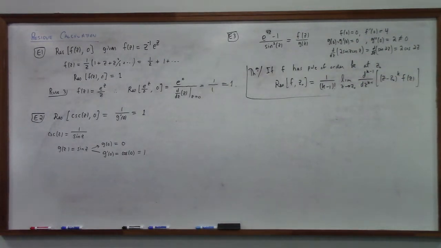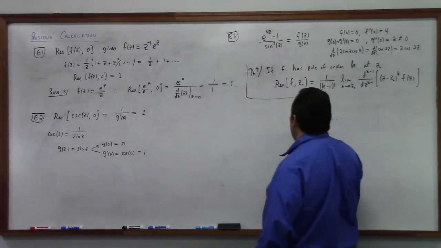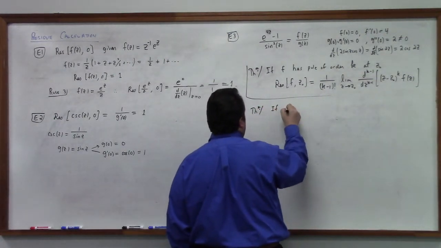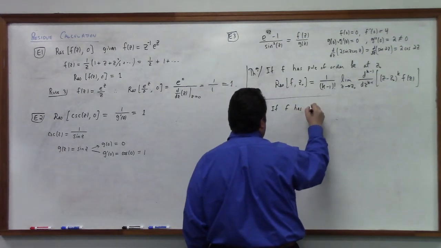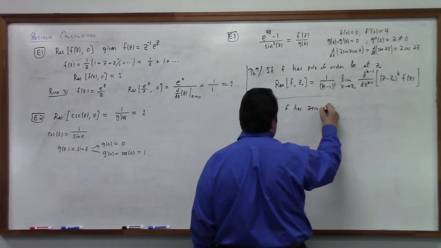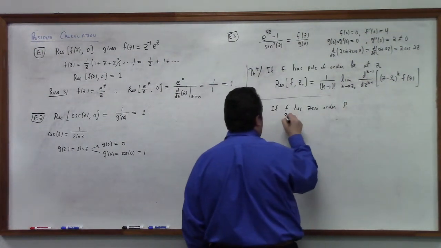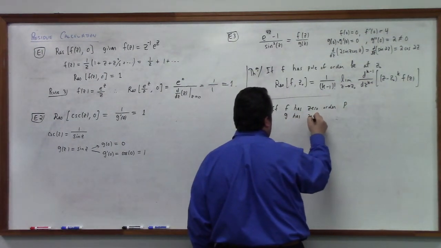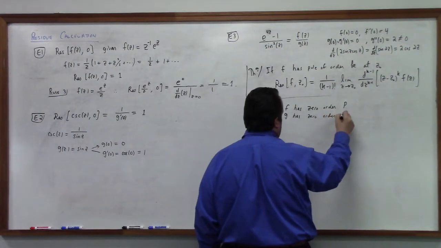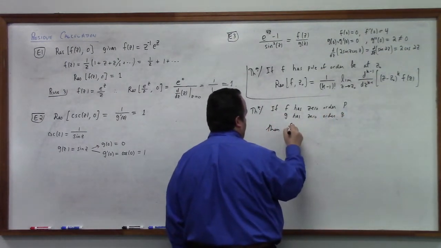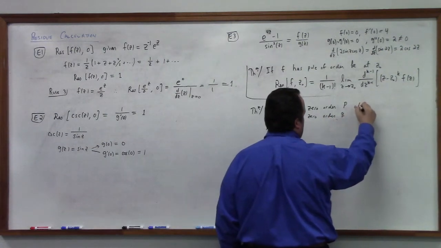So I'm a little hesitant to use, I don't think f has a pole of order 2, because I think another theorem we can write, theorem: if f has a zero of order, let's say, p, and g has a zero of order q, then f over g at z naught, okay?